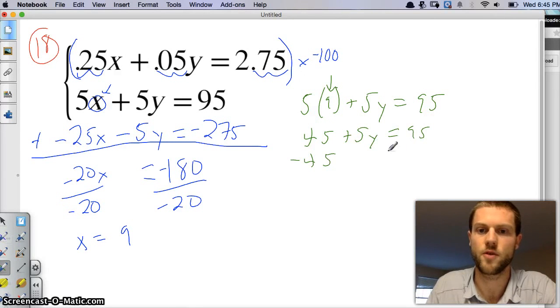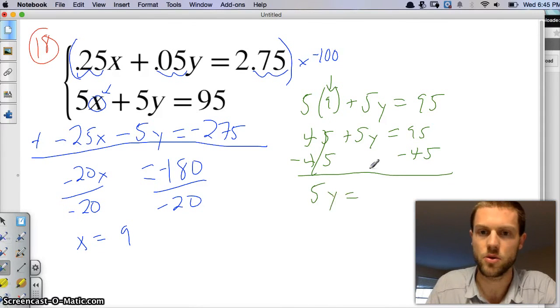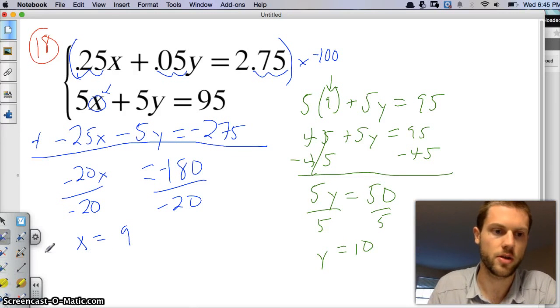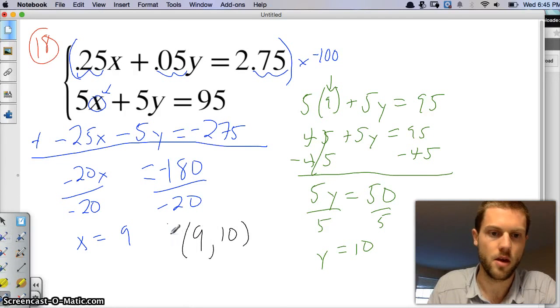Let's subtract that 45. So I get a 5y equals 50. Divide both sides by 5, and I get y equals 10. So my final solution here is going to be 9, 10. And there we go.